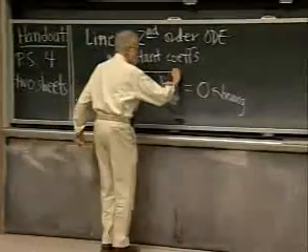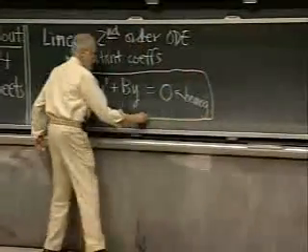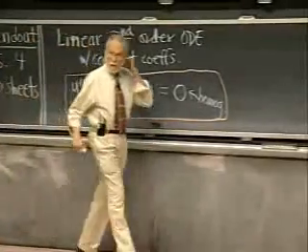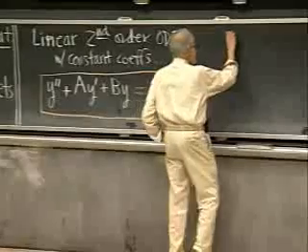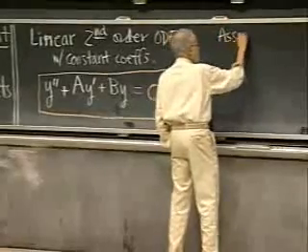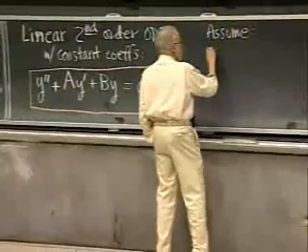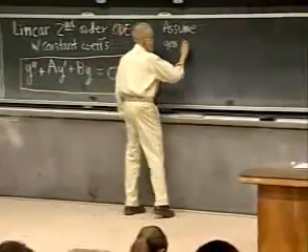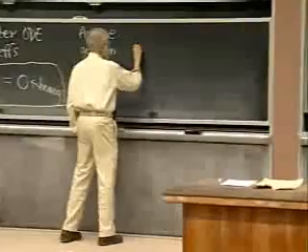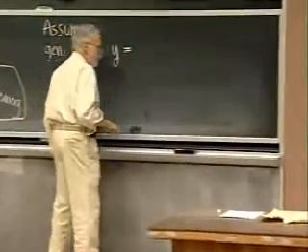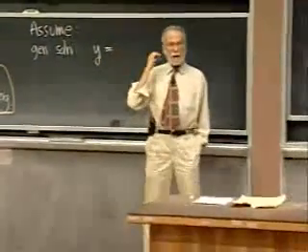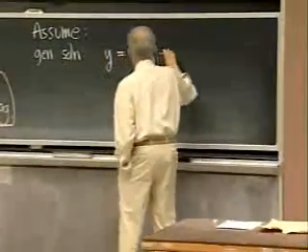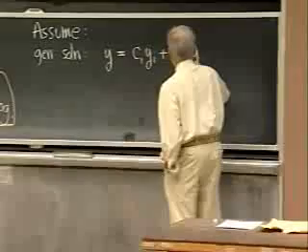So what I'm going to assume, and we'll justify it in a couple of lectures, is that the general solution, that is, the solution involving arbitrary constants, looks like this. The arbitrary constants occur in a certain special way. They're C1 y1 plus C2 y2.